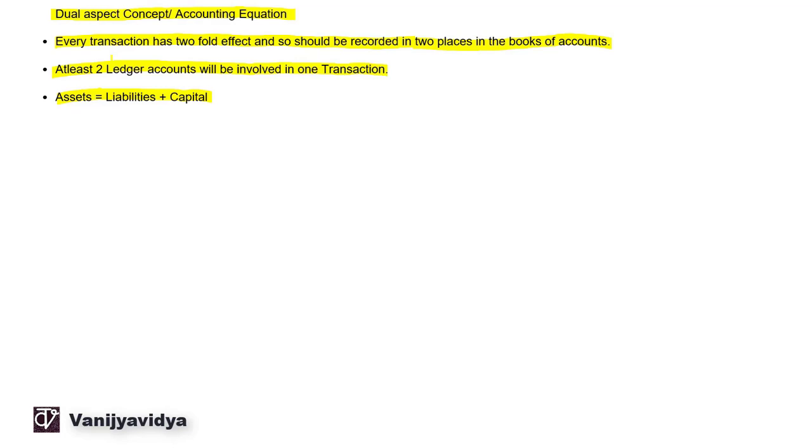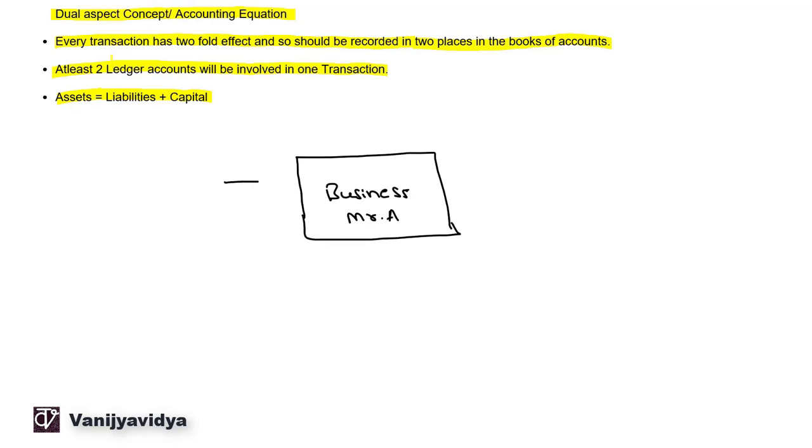Let's see one example. This is a business of Mr. A. Now, Mr. A has introduced a capital of rupees 1 lakh. He has also taken a bank loan from PQR Bank of rupees 2 lakhs. So, total sources of funds is 3 lakhs.